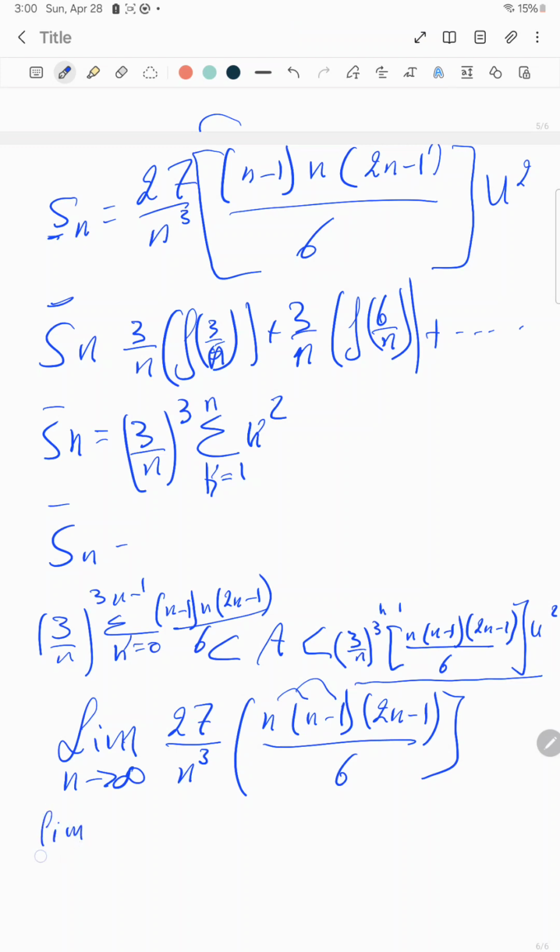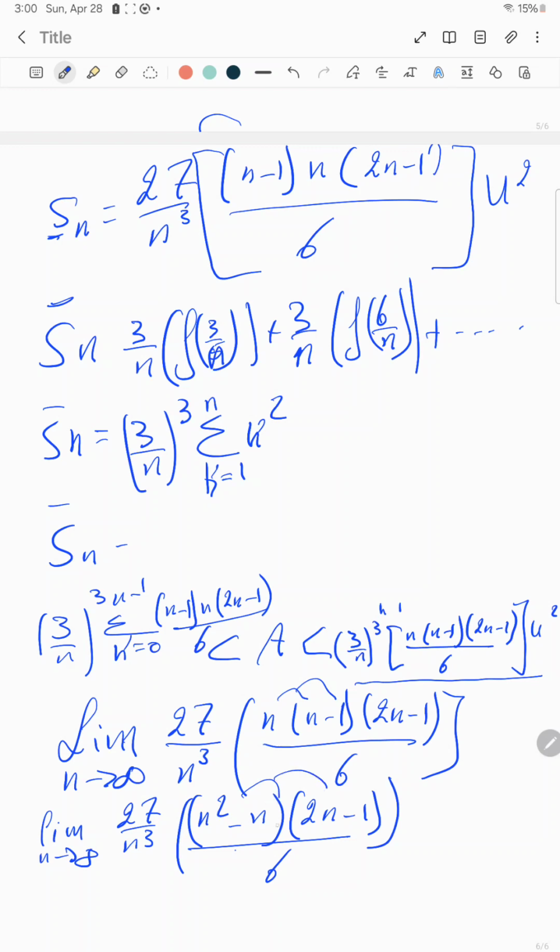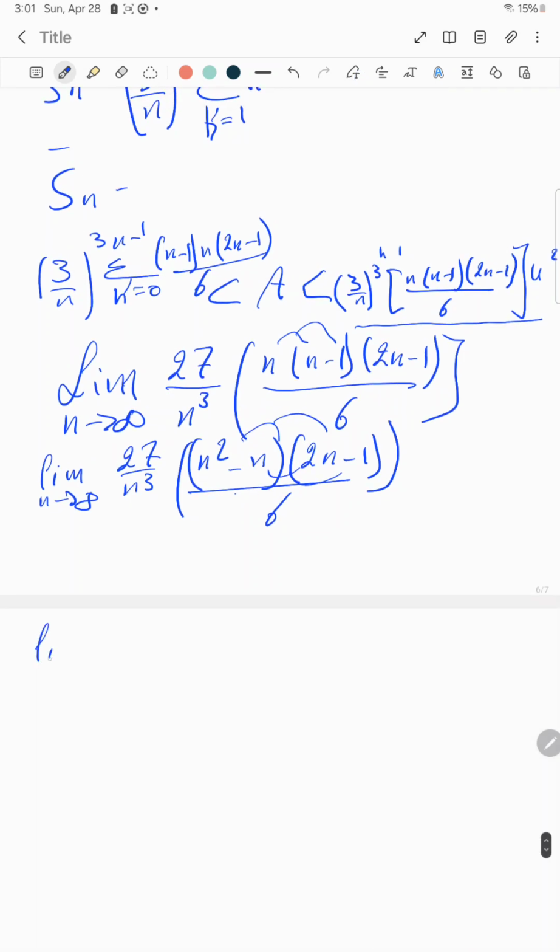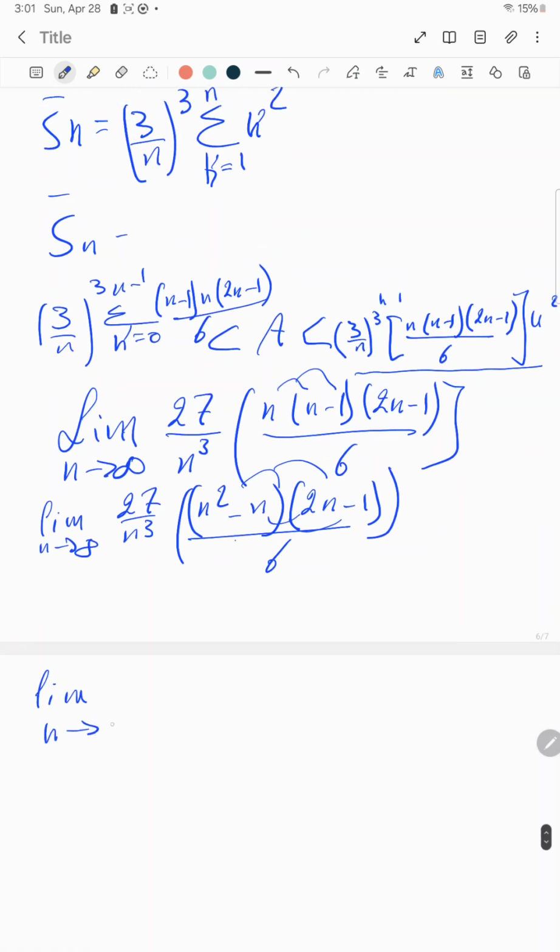So I will start by developing n times n minus 1. So it is the limit when n goes to infinity of 27 divided by n3 multiplied by n square minus n times 2n minus 1 divided by 6. And now I want to develop this parenthesis. So it becomes the limit when n goes to infinity of 27 divided by n3, and this becomes n2 times 2n, 2n to the power of 3 minus n square minus 2n square plus n.